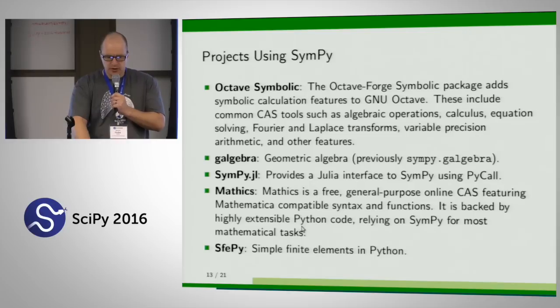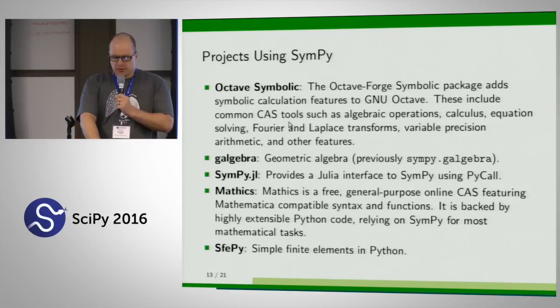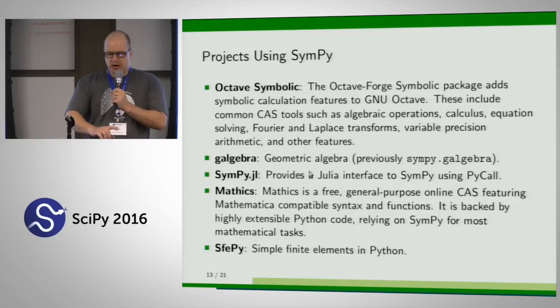It also uses SymPy. And then SymPy has all kinds of wrappers, so it can be used in Octave as a module. It could be used in Julia using the Python-Julia bridge. And then it's used in Mathics, which is another computer algebra system.